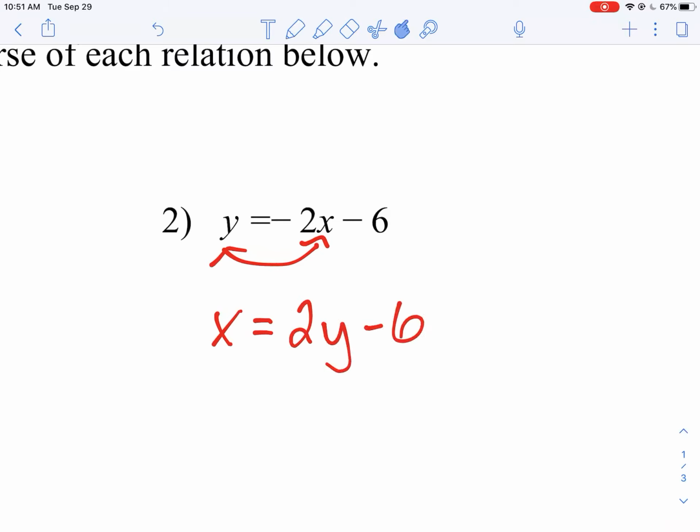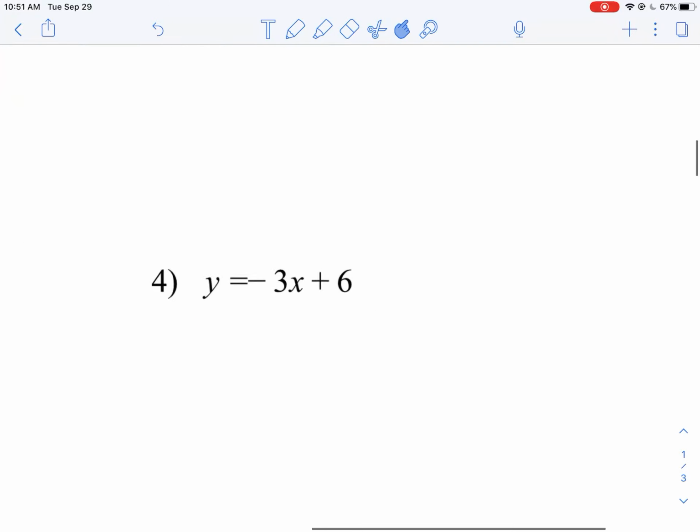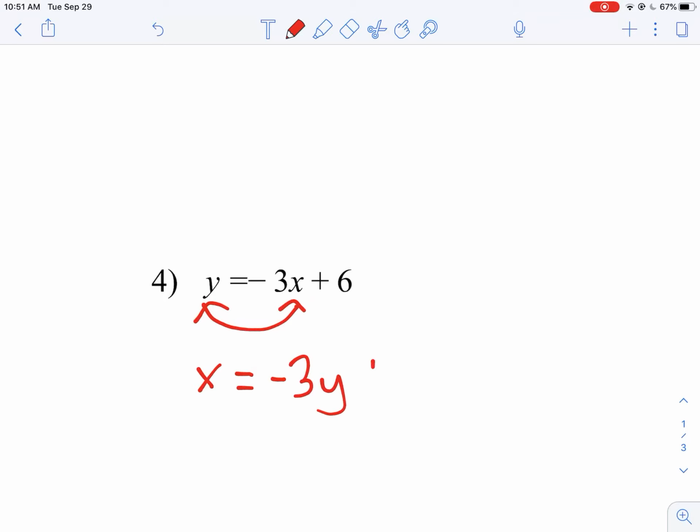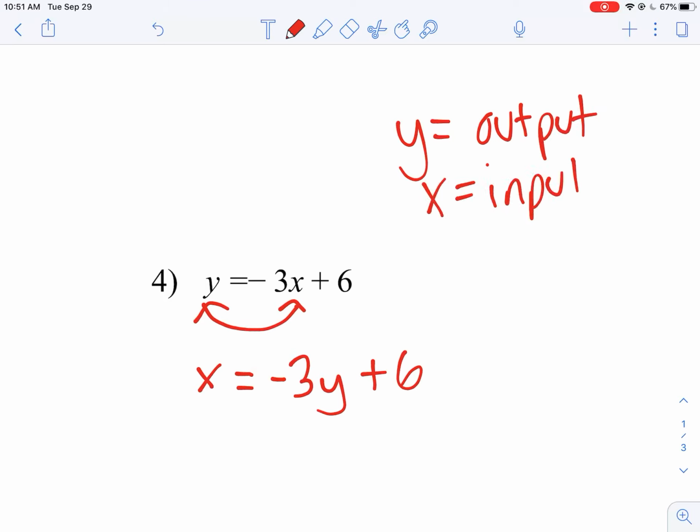And then I would isolate y. And for number 4, I'm going to do the exact same thing. Swap out y and x. Because again, when you're doing an inverse function or an inverse relation, the inputs and outputs trade places. And that's what these represent. Remember, y is an output, x is an input. And they're just trading places.